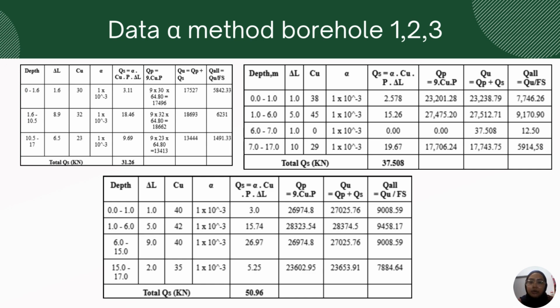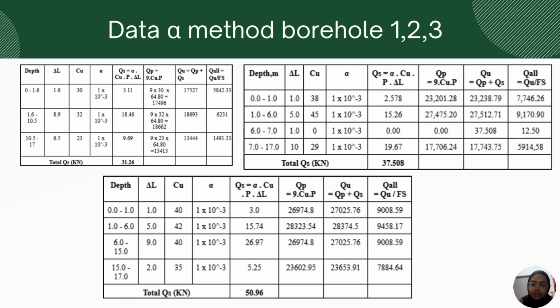Then we calculate this table to get the total QS, where QP is 9 CuP, QU equals QP plus QS, and QL equals QU divided by FS. Our factor of safety is 3. The second table is for borehole 2, and the third table is for borehole 3.